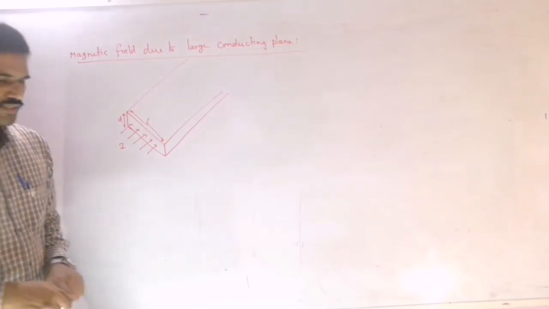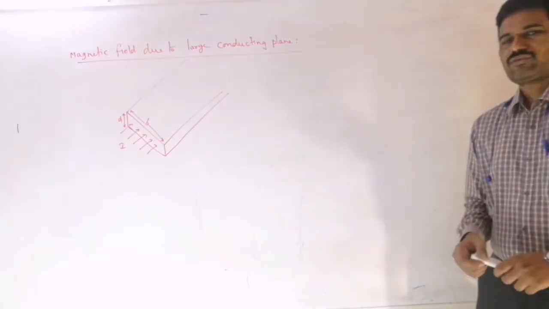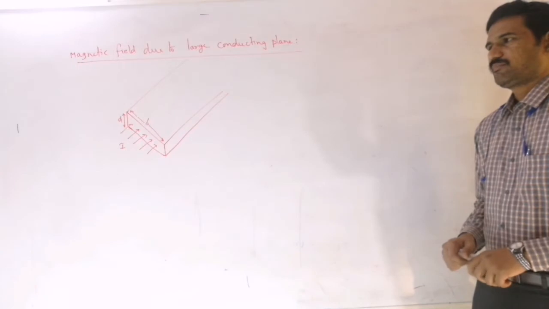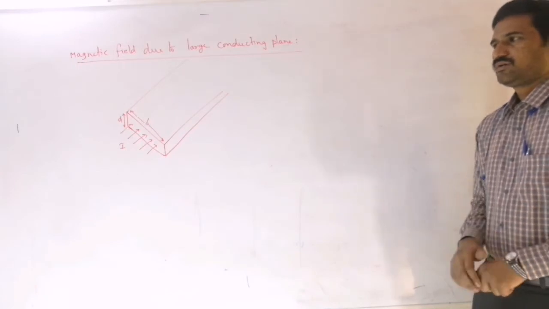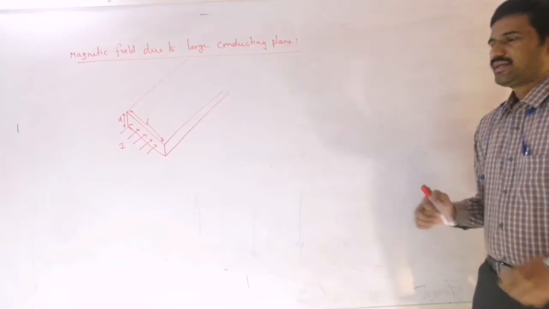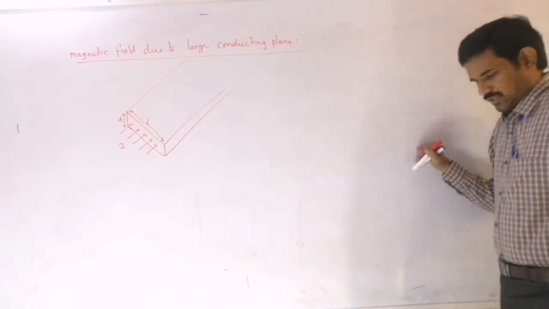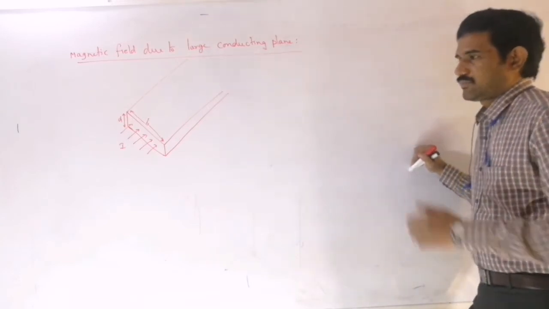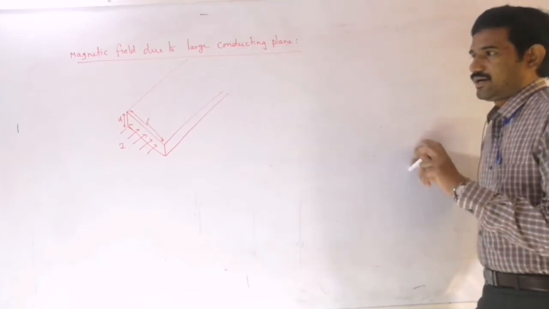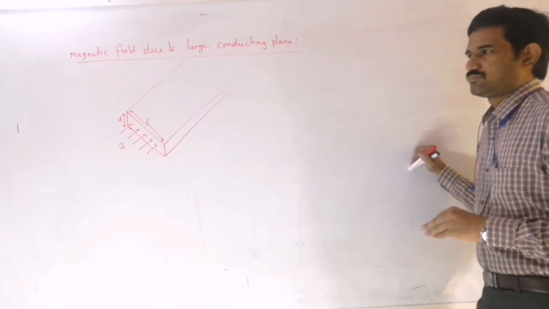Consider current I flowing through a long conducting plane having thickness d and width b, as shown.